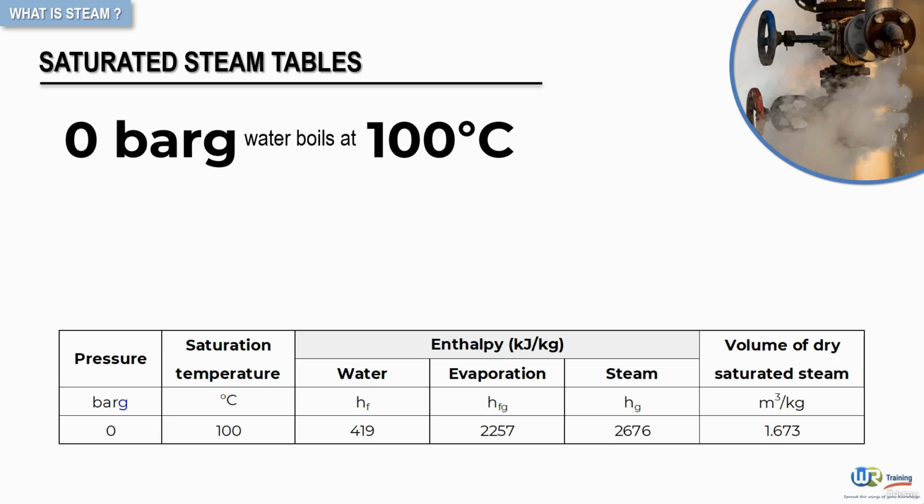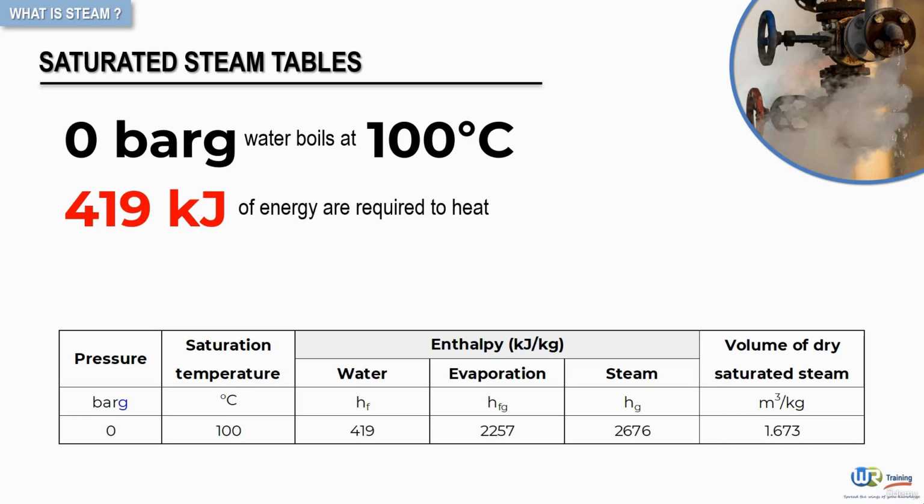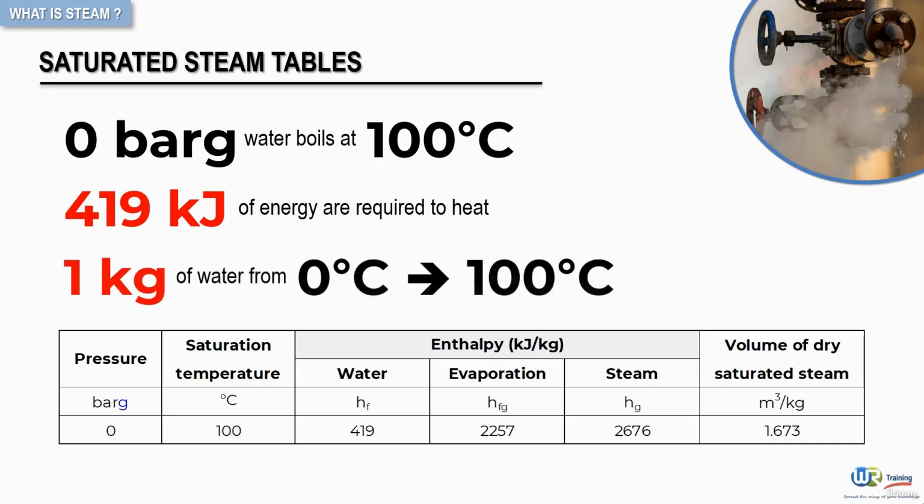And as seen in a previous video, 419 kilojoules of energy are required to heat 1 kilogram of water from 0 degrees Celsius to its saturation temperature of 100 degrees Celsius. Therefore, the specific enthalpy of water at atmospheric pressure and 100 degrees Celsius is 419 kilojoules per kilogram, as shown in the steam tables.